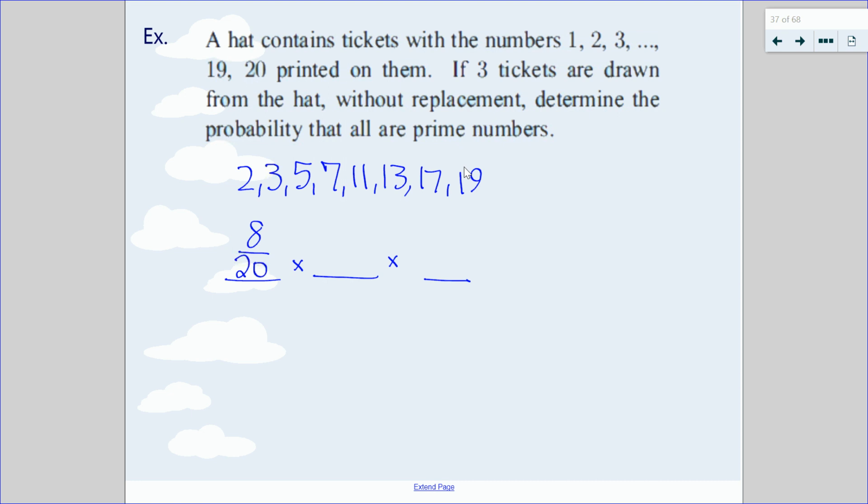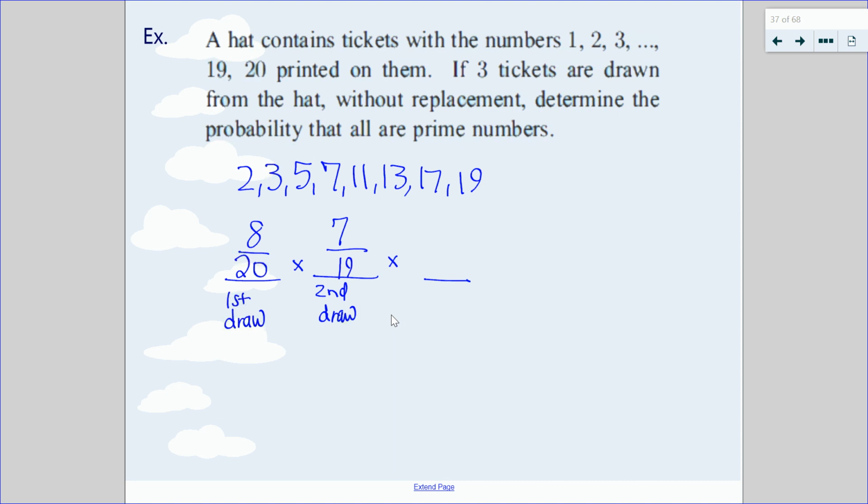So this is the first draw. Now for the second draw, if the first draw we got a prime, how many primes are left? 7 out of how many tickets? 19. Yeah.